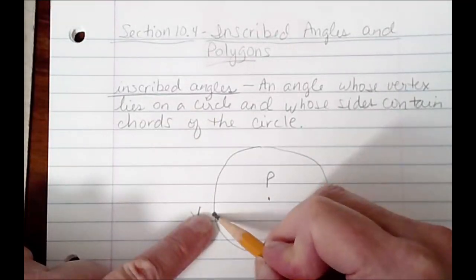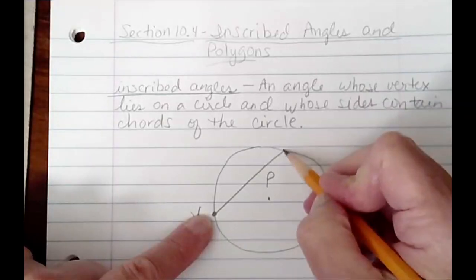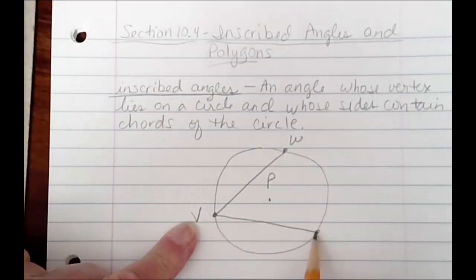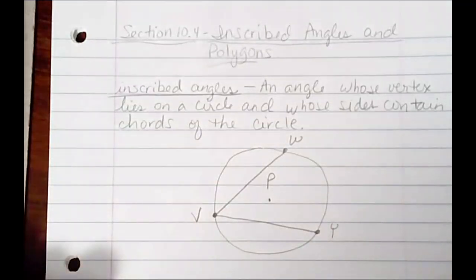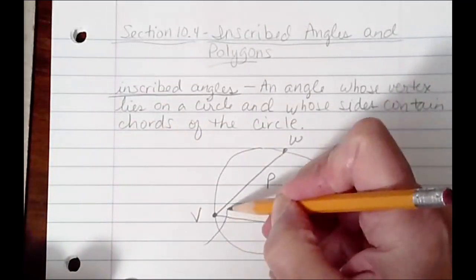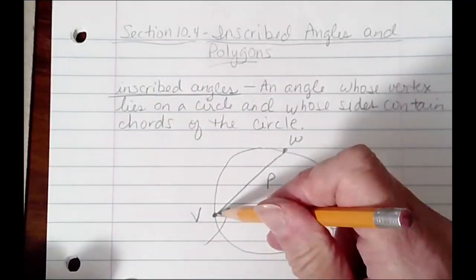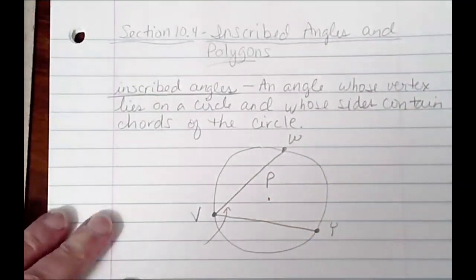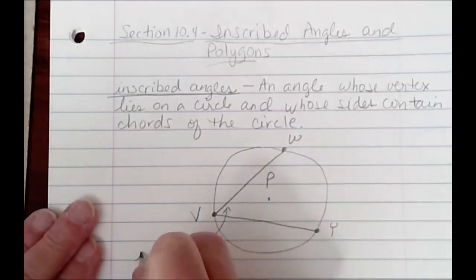Here's point W, and we go from here to here, point Y. Because this angle has its vertex on the circle, and the chords are the sides, this is an inscribed angle.